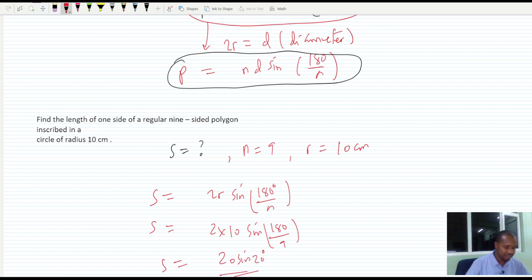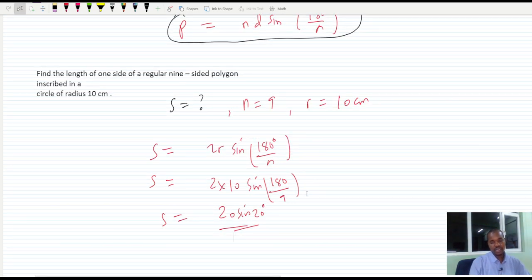So we'll just be finding sine 20, and you plug in the values to get the answer. When you plug into your calculator sine 20 multiplied by 20, eventually you'll be getting 18.23.